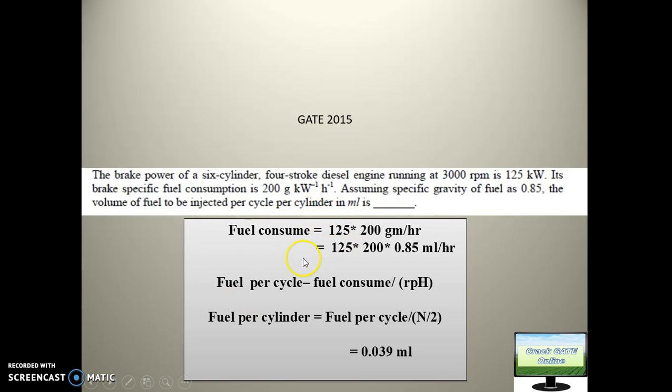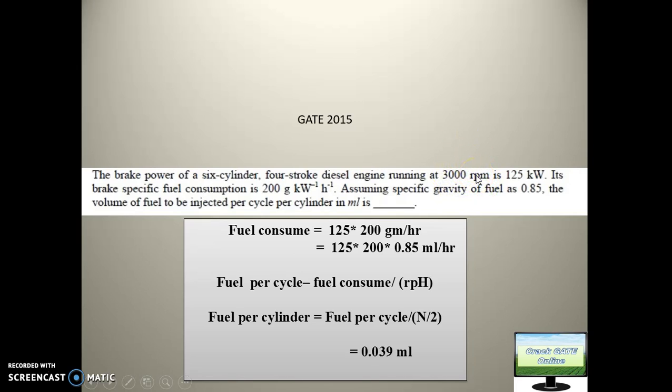So this is fuel consumed in 1 hour, but you want per cycle, right? The question is asking per cycle per cylinder. So for per cycle, you will need to divide it by revolutions per hour, because the engine is running at 3000 rpm, 3000 revolutions per minute.